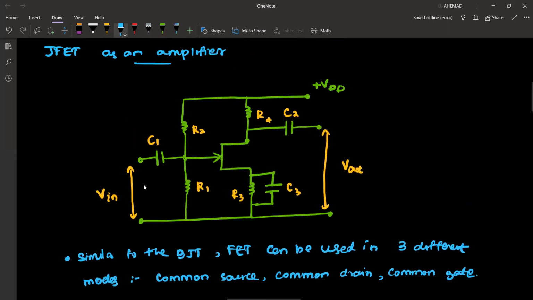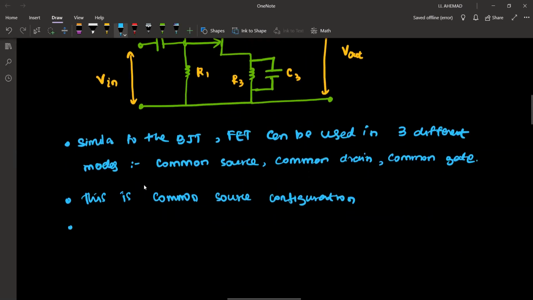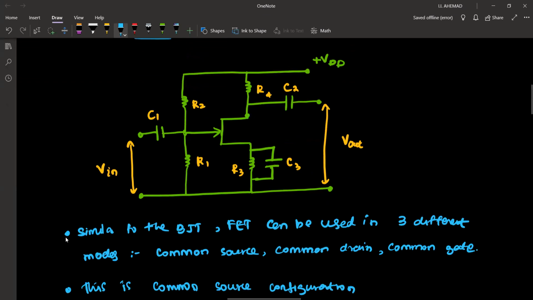In the BJT we choose R1 and R2 to bias the transistor. But here the purpose of R1 and R2 is different. The purpose of R1 and R2 is to maintain this voltage always negative with respect to the source.